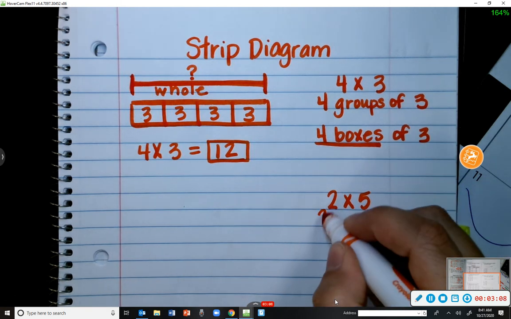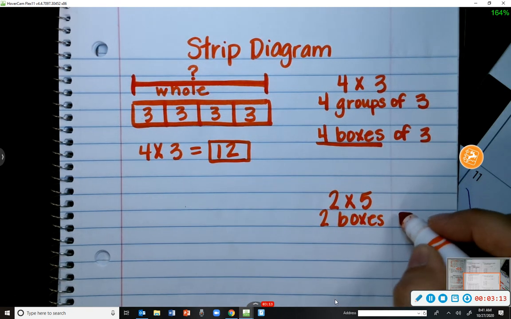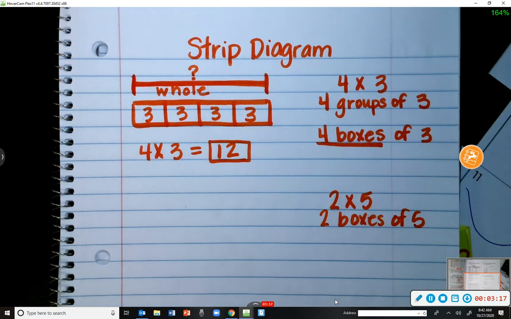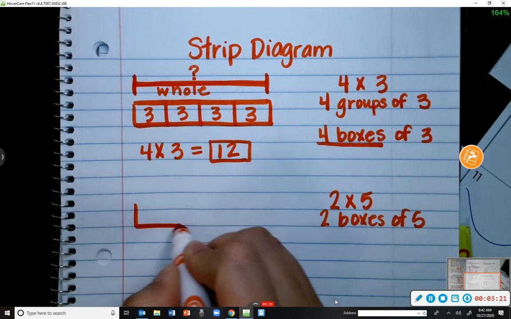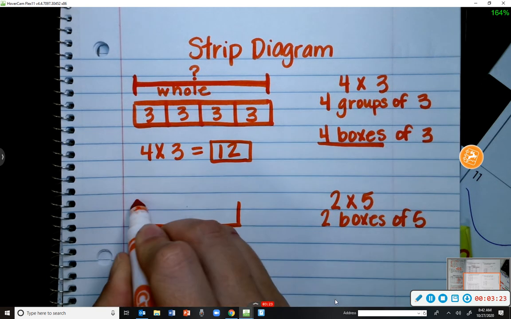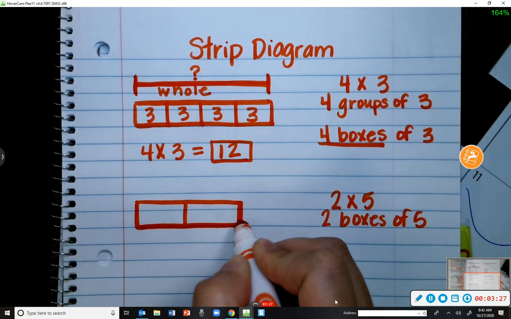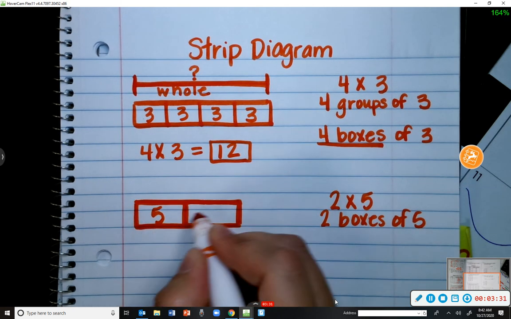Okay, so we're going to draw 2 boxes. And 5 goes in each.